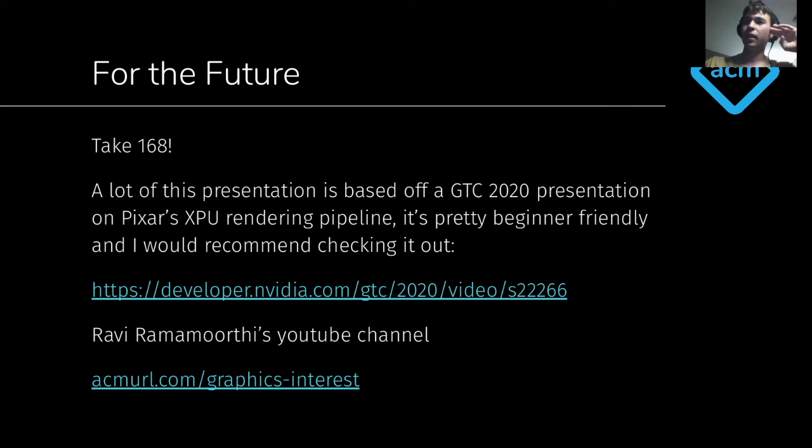I would recommend checking it out. It's surprisingly beginner friendly. Some of the presenters are pretty smart and might say some complex terms, but they go over what ray tracing is again and everything, and it's pretty nice. You'll also see that I probably stole a lot from their presentation.